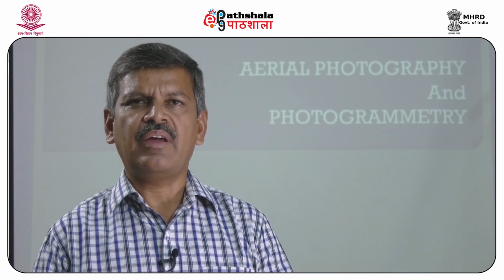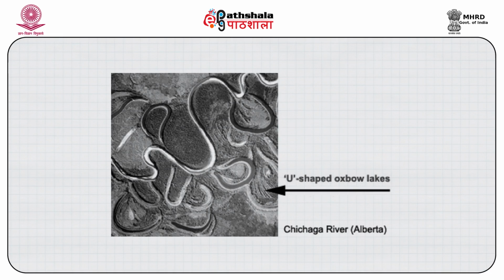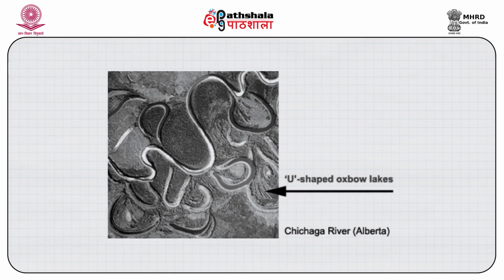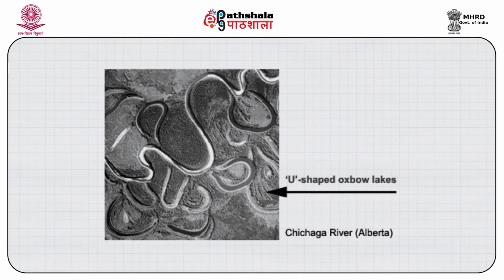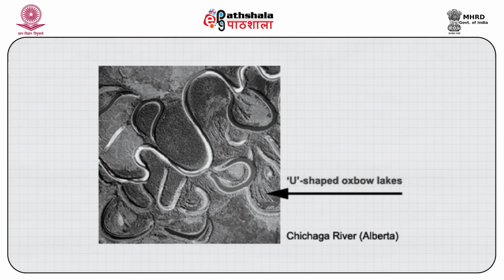Then come to shape as an element for aerial photograph interpretation. Shape gives a great idea to interpret an aerial photograph. The natural things are having irregular shape, whereas man-made things are having shape in the form of rectangle, angle, circle, like that.